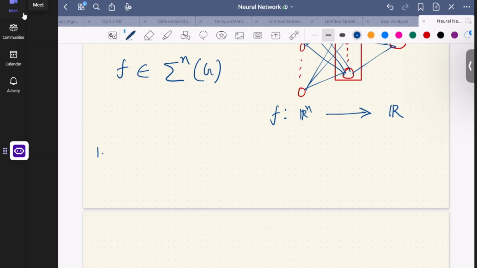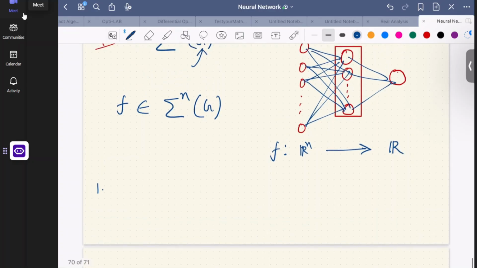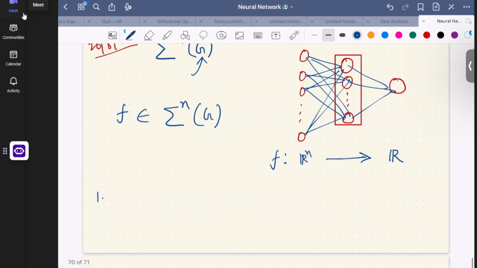Sir, in image recognition, if we are making any model for image recognition and we provide an image, then their pixels, like you told us last semester, sir, our input is like, let's say, 256 cross 256 pixels. Okay, something like that, sir.